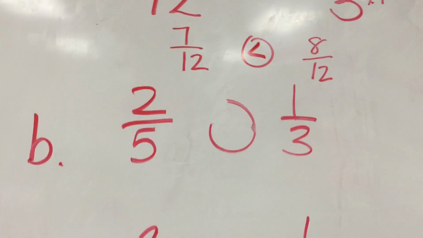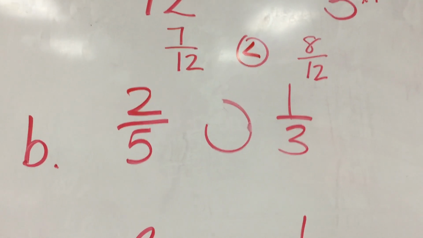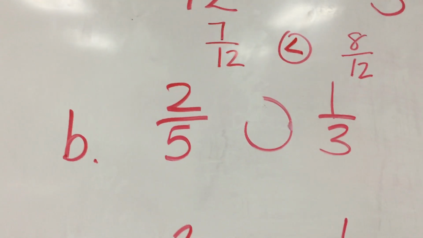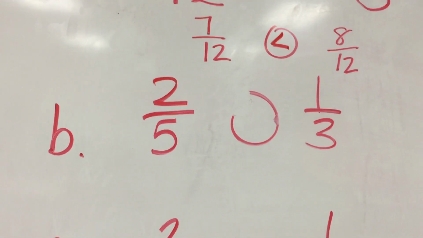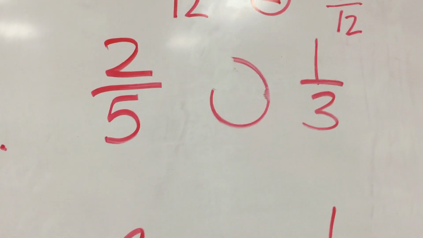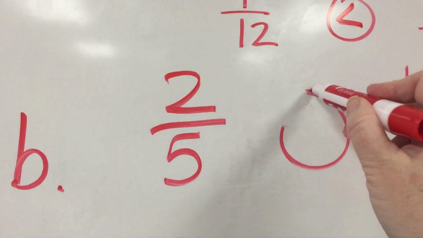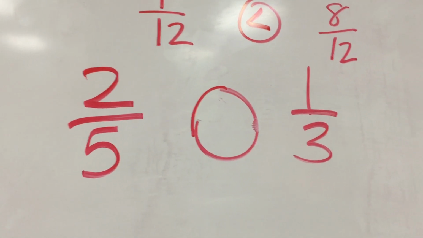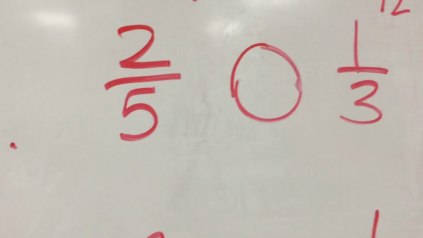B, we're going to compare 2/5 and 1/3. Now I can't use 5 or 3 as my denominator because 3 doesn't go into 5 and 5 doesn't go into 3. So let's just think of what number 5 and 3 both go into. What's the least common multiple for them? It is 15. So how do I get to 15?